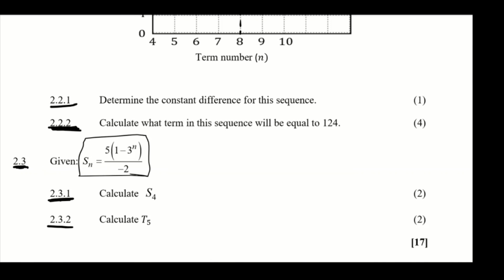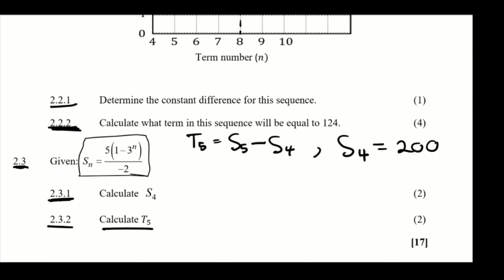In 2.3.2, we are asked to calculate T5. So T5 is equal to the sum of 5 terms minus the sum of 4 terms. Remember that S4 is equal to 200, which is what we calculated in the previous question. So now we just want S5, so we substitute into this equation here.